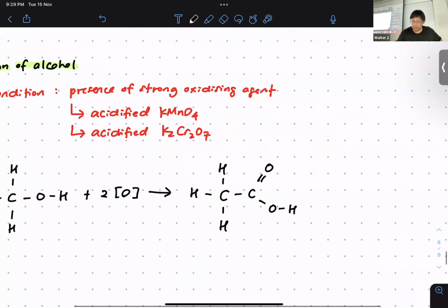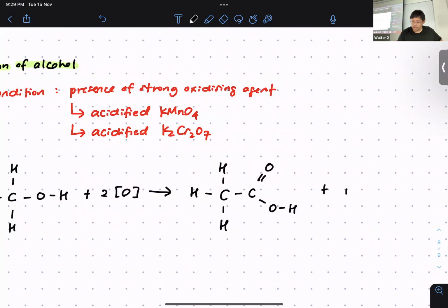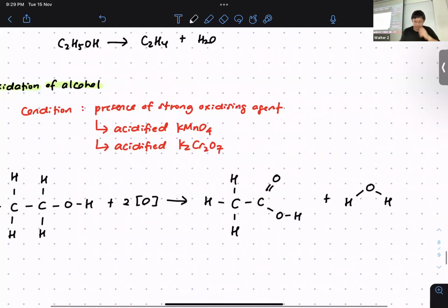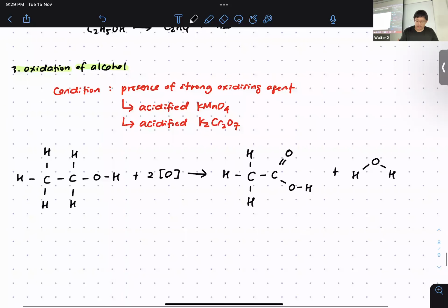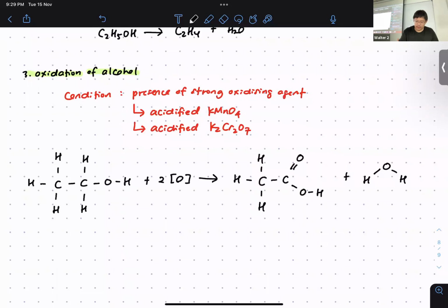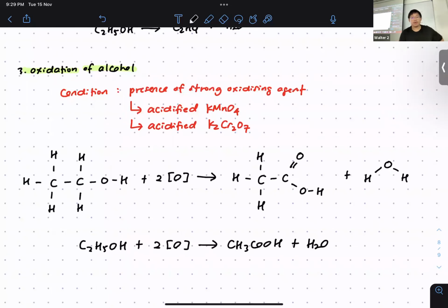And also with the removal of water. So that will be C2H5OH plus 2[O]... right? So that's the complete chemical equation.